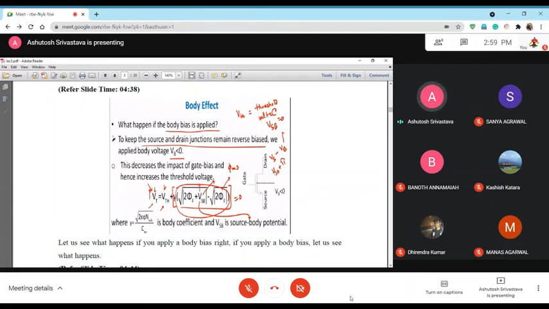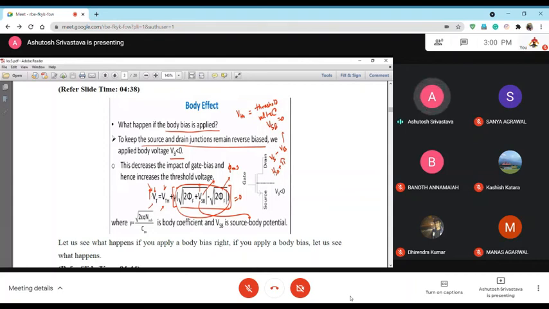To keep the source and drain junctions in the reverse bias condition, we apply a body voltage less than 0, which is basically negative. This decreases the impact of the gate bias and hence increases the threshold voltage.